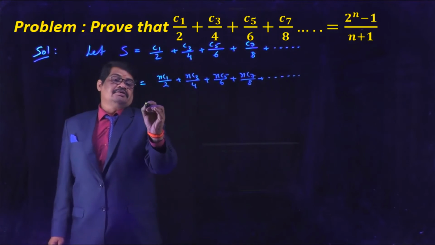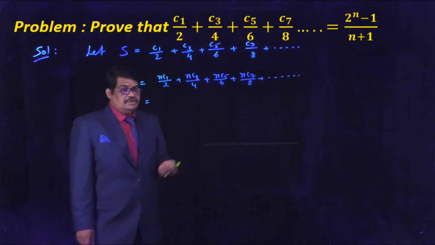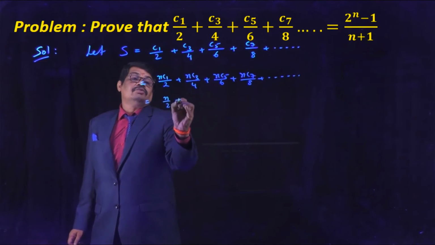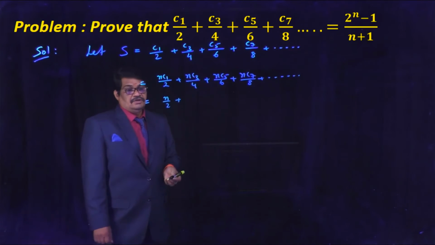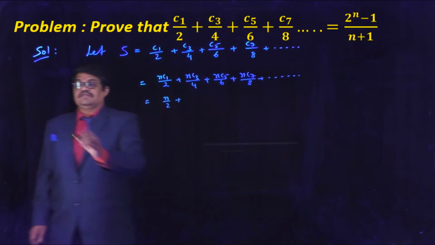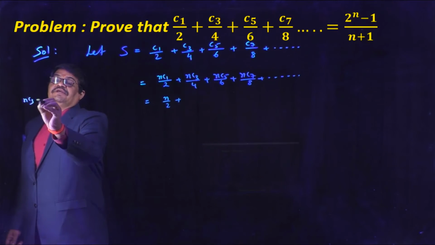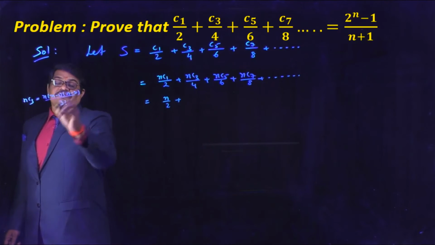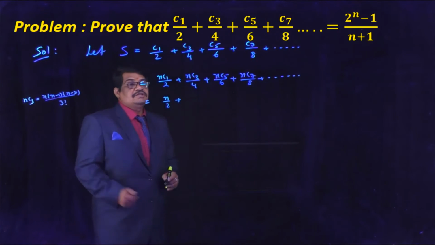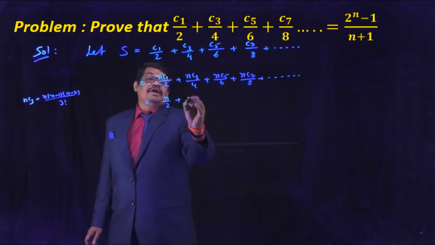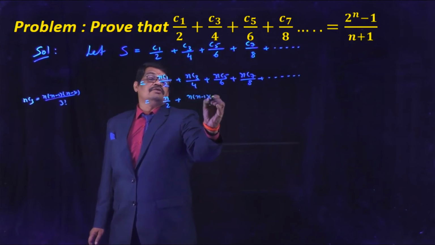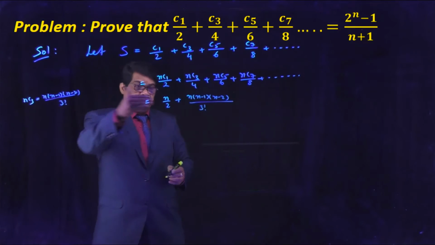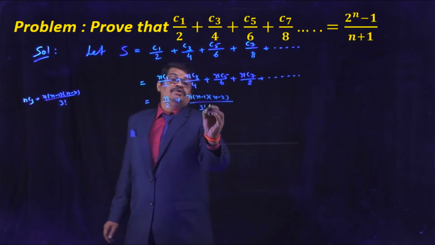Now we write the values of nC1. What is nC1? By the nCr formula, nC1 is n. What is nC3? By the nCr formula, nC3 is n into n minus 1 into n minus 2 by 3 factorial, and the 3 factorial stays in the denominator, into 4.